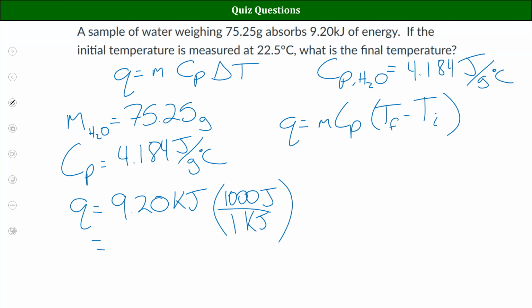You said 1,000 kilojoules is 1 joule, or you just flipped them and you didn't make the units cancel out. So be paying attention to that. We know that kilo is bigger than the regular unit. So 1,000 joules is 1 kilojoule, just like grams and kilograms, or just like meters and kilometers. And so we're gonna multiply by 1,000, so 9.20 times 10 to the 3 joules.